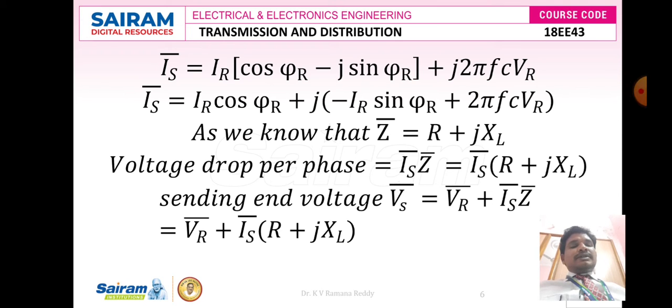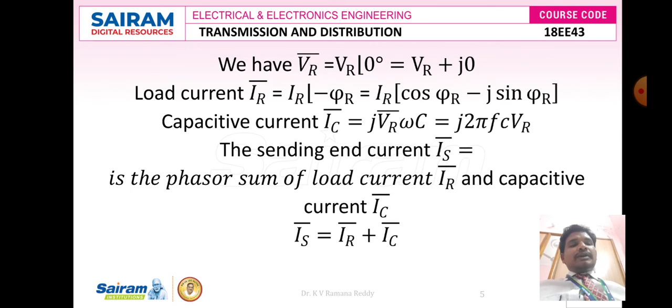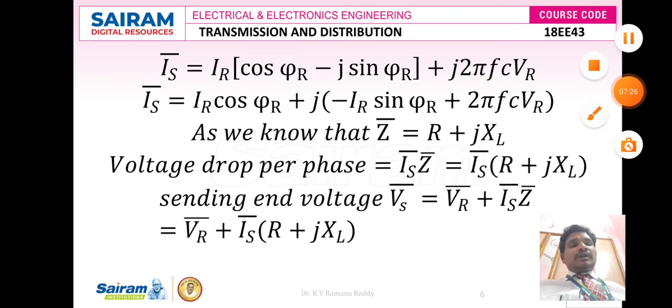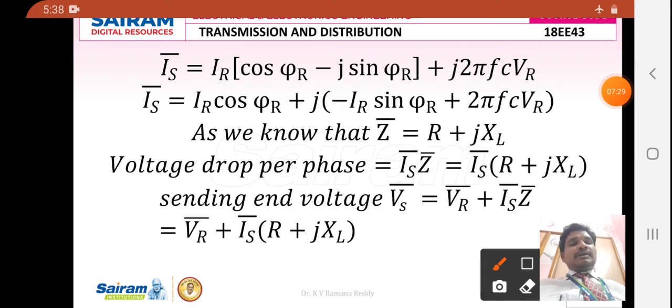So IS bar, substituting the IR bar formula and the IC bar formula, becomes IR of cos phi R minus j sin phi R plus j 2 pi f C VR.